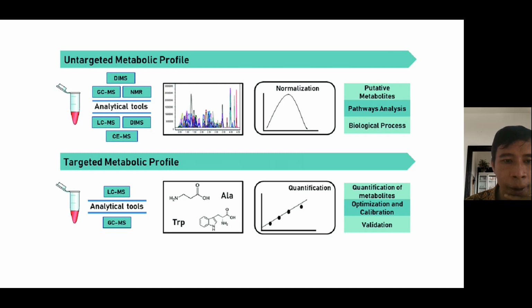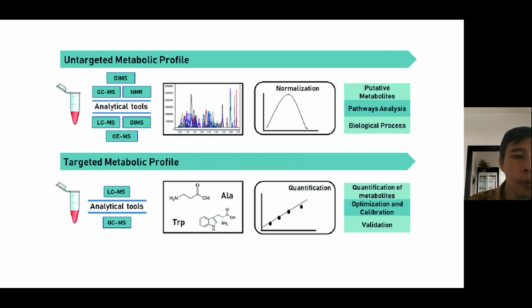And here is the data. You may find these very crowded graphs with crowded peaks, and each peak represents a single metabolite in your samples. Then you need to deploy putative metabolite analysis, and it could also be used for pathway analysis and to interpret biological processes that may be involved in your samples.